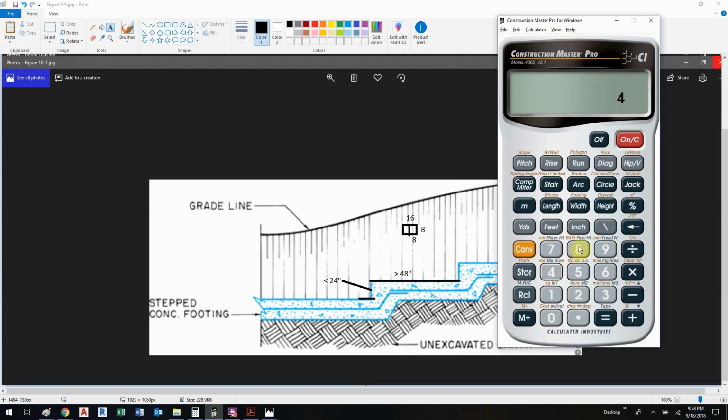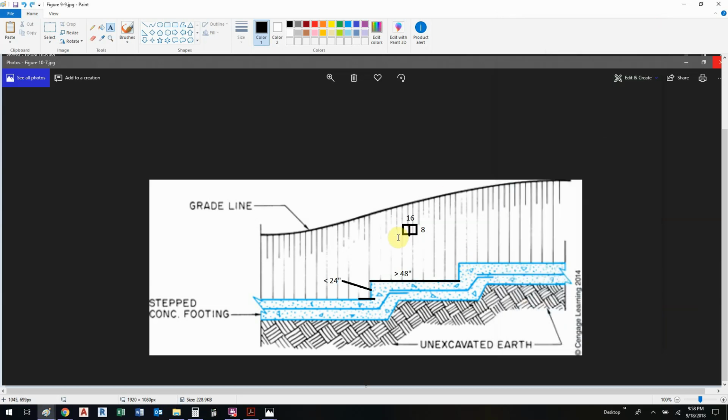Again, 48 inches divided by 8 equals 6 half blocks. So if we got full blocks, how big is it? Full blocks would be 3. And then if we have 24-inch high maximum divided by 8 inches, we end up with 3 there as well. So 3 block high, 3 block long, and there sets our standard.